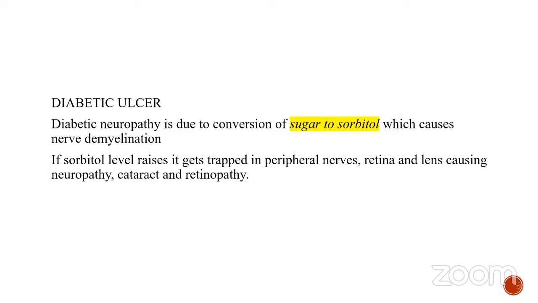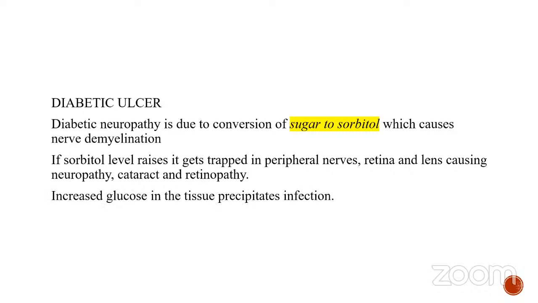Sorbitol level rises, and it gets trapped in peripheral nerves, as well as in the retina and lens, and these will lead to neuropathy. If it's in the lens, it will lead to cataract. If it's in the retina, it will lead to retinopathy. So this is the reason for neuropathy in diabetes.